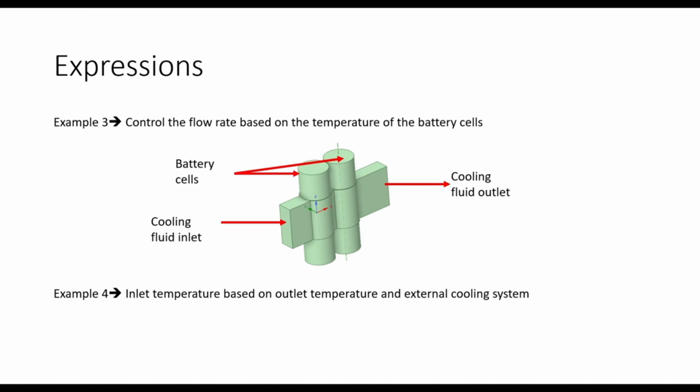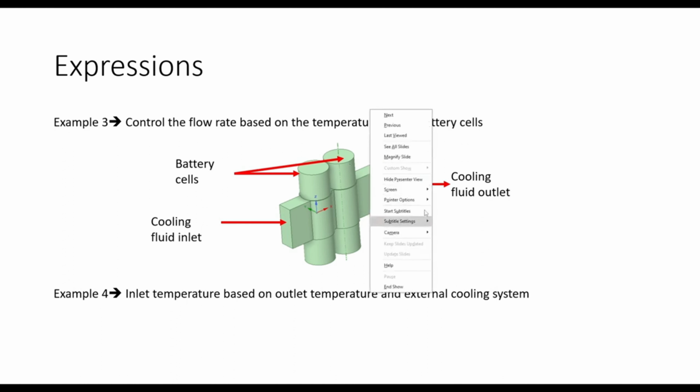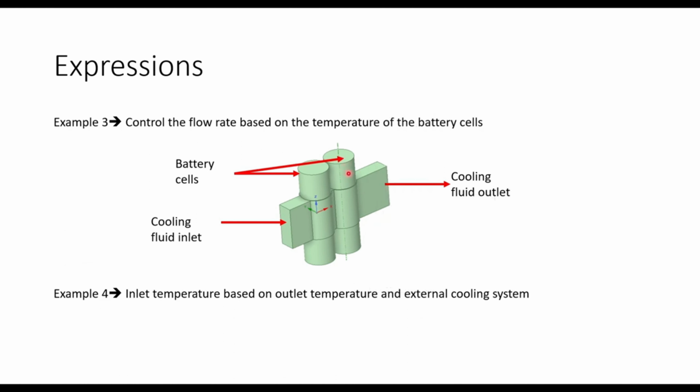In this example, we want to control the temperature of this battery cell, let's say at 40 degrees Celsius. So we will write an expression. This expression will check the temperature of this battery cell, let's say after 15 or 20 iterations, and we'll see what is the temperature of this cell. If the temperature of this cell is higher than 40 degrees Celsius, this expression will increase the flow rate.